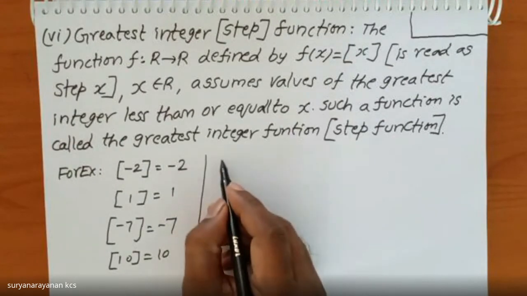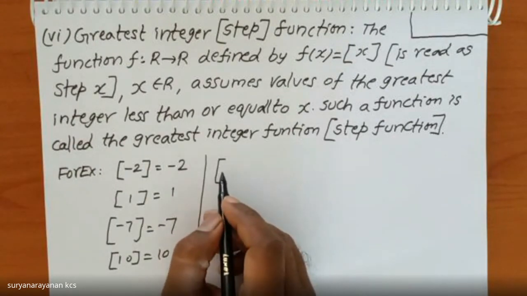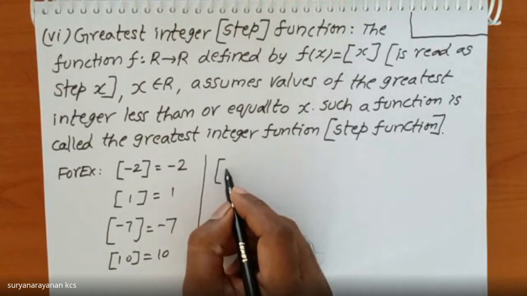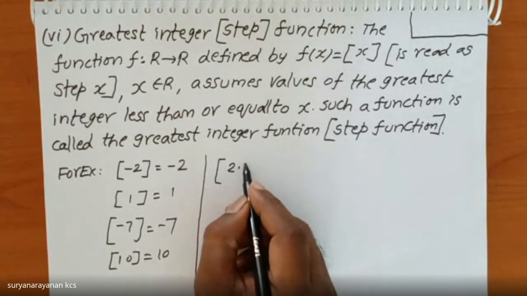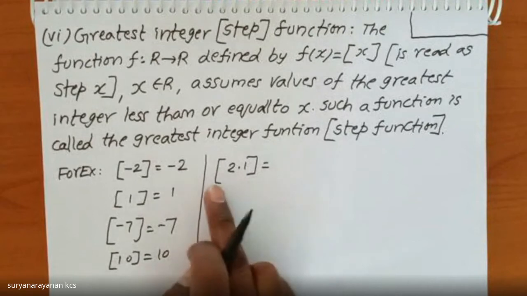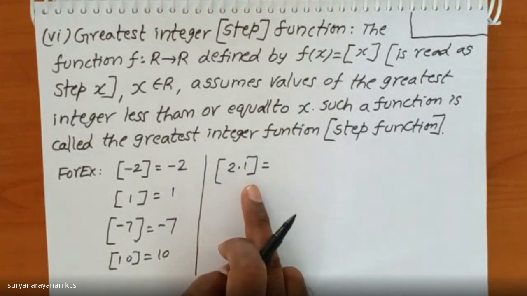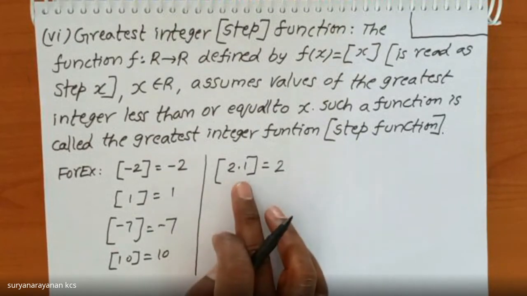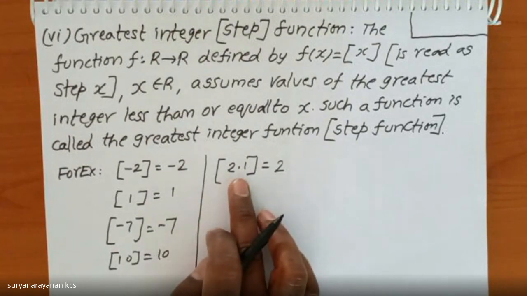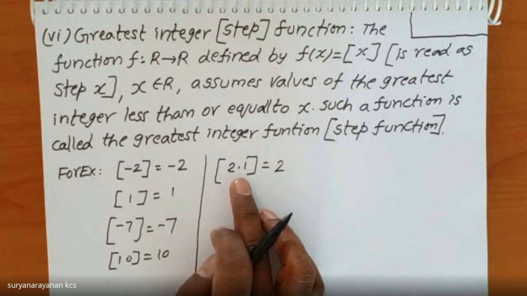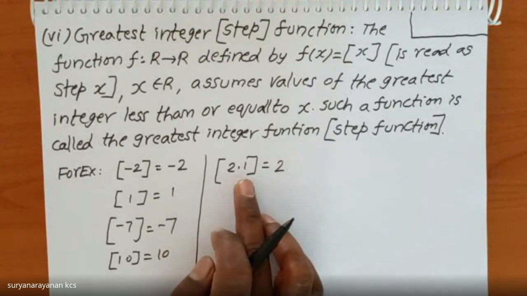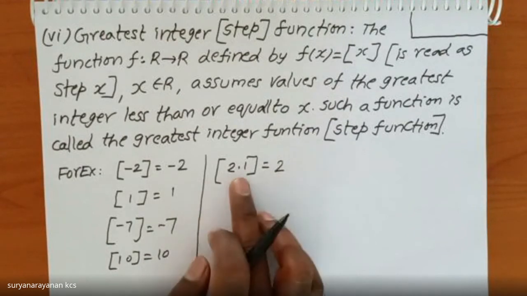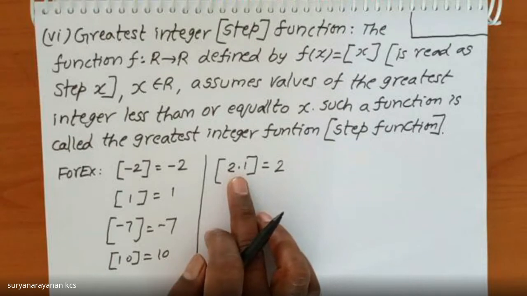Suppose you choose other than integers, suppose 2.1, step 2.1. The value of step 2.1 is 2. On the number line, if you mark this number, the nearest left side integer is 2.